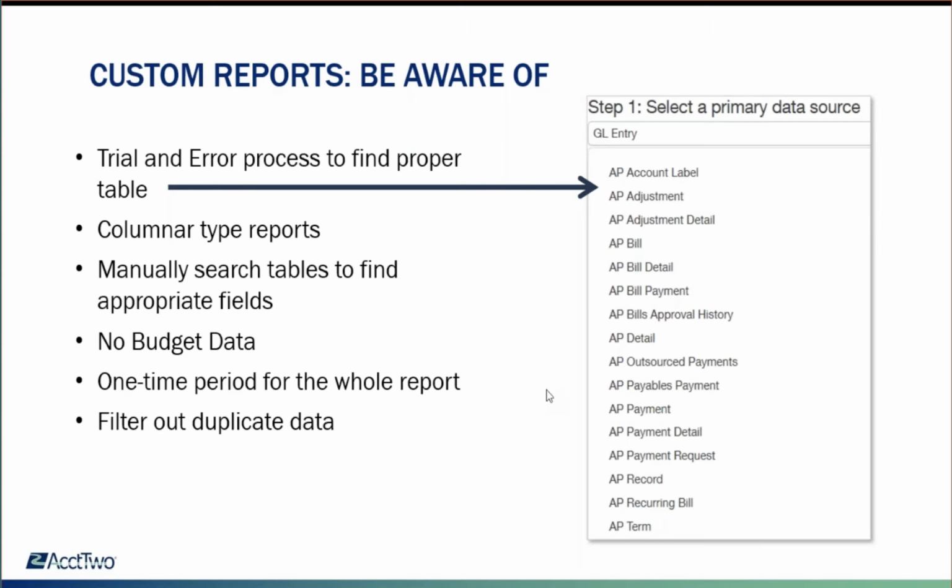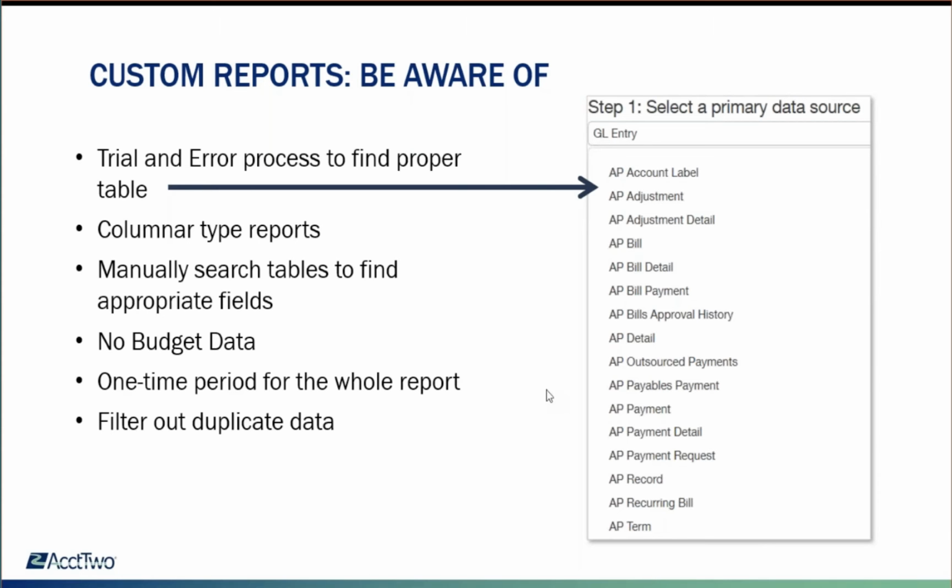These are columnar type reports, so just rows and columns of data, usually transactional. In other words, you're kind of limited in what you can do with the look and feel. Once you decide what table to start from, most of the tables will have related tables, and those related tables may have related tables, and those third level tables may have fourth level related tables.